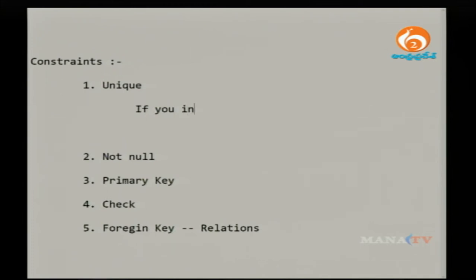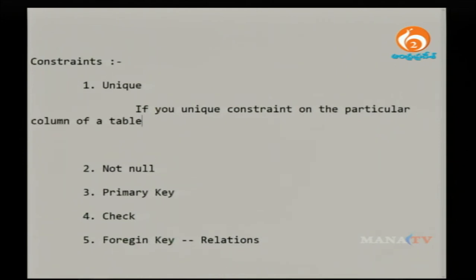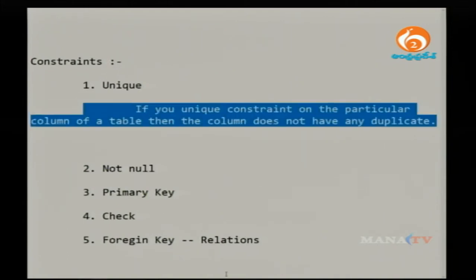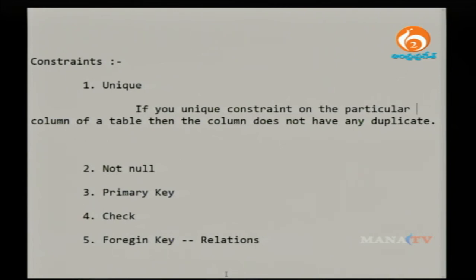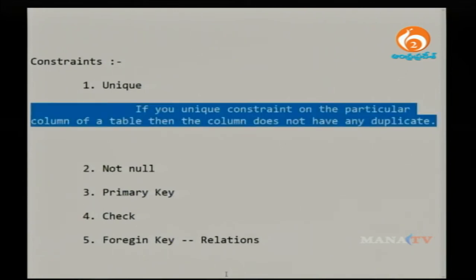If you apply a unique constraint on a particular table or column of a table, then the column does not have any duplicate values. When I don't want a column to have duplicate values, we use this kind of constraint. That is the unique constraint. How does it work?